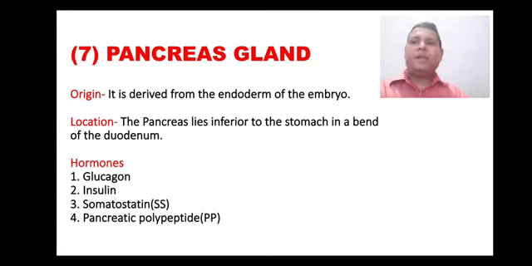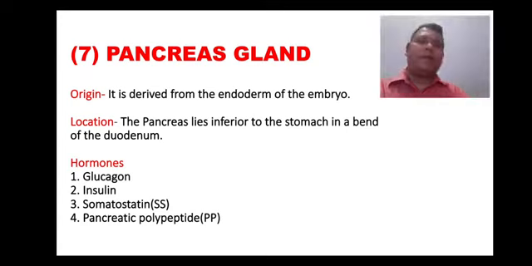Number 3, delta cells or D cells, about 5%, produce somatostatin, SS. Pancreatic polypeptide cells, or PP cells or F cells, about 15%, produce pancreatic polypeptide, PP.